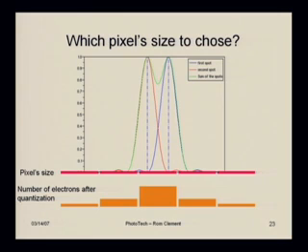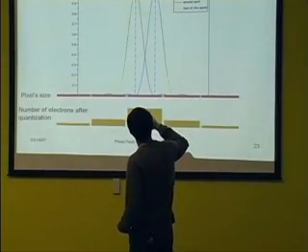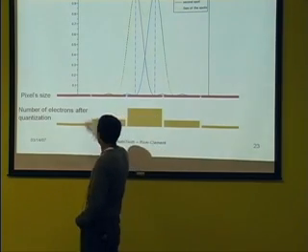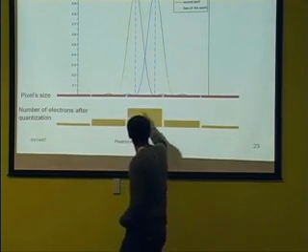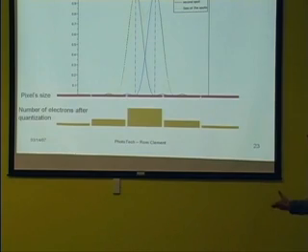So if I now take smaller pixels, the one in the middle will collect a certain proportion of the two, and unfortunately, finally, I will have a larger peak, but again, it's going to be one peak.